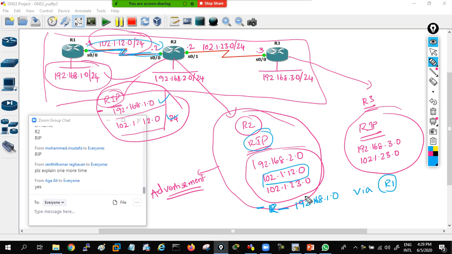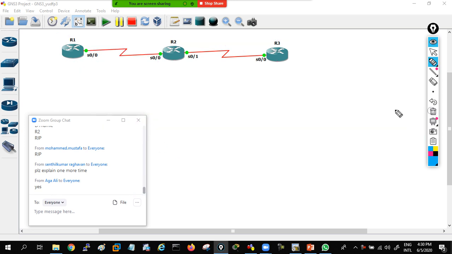See, how do these dynamic routing protocols work? Basically, in router 1, router 2 and router 3, you configure the same protocol, that is RIP. So when router 1 talks RIP, whatever networks you advertise in RIP are called advertisements. Let's see here.